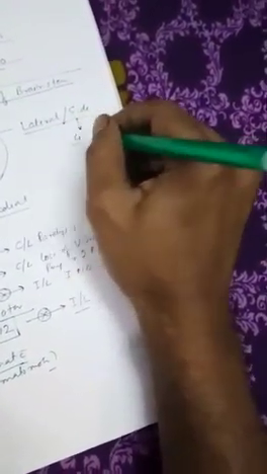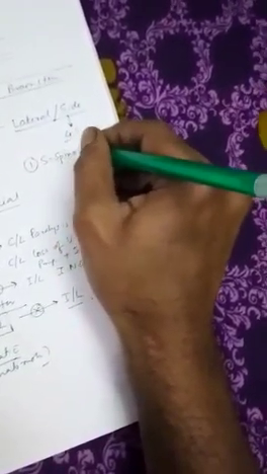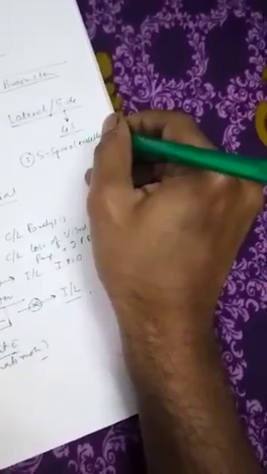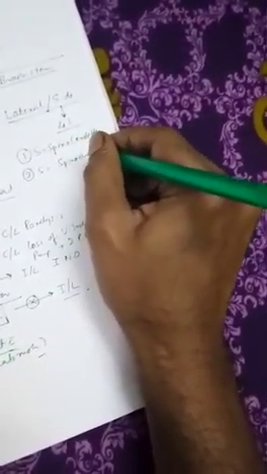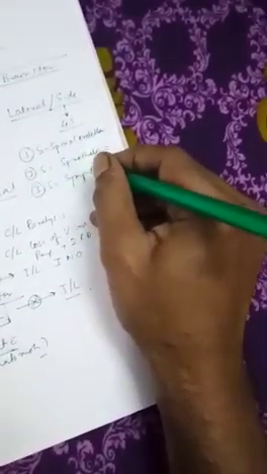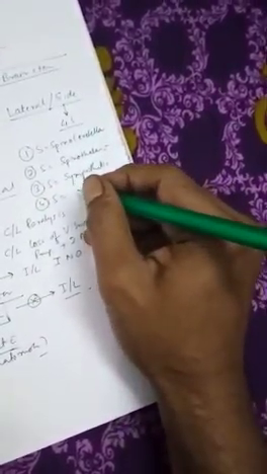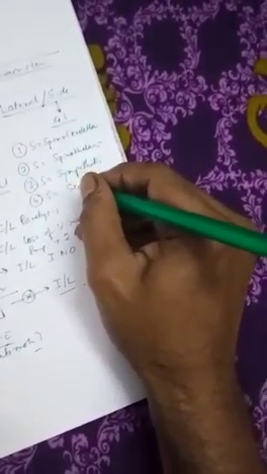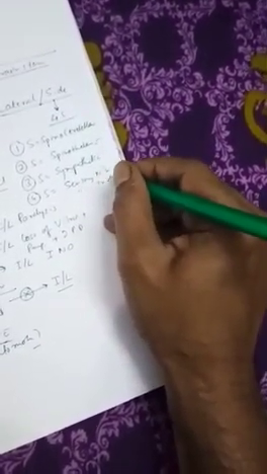In the side we have 4 S. The first S stands for spinocerebellar. The second S stands for spinothalamic. The third S stands for sympathetic pathway, and the fourth S stands for sensory nucleus and sensory tract of trigeminal nerve.